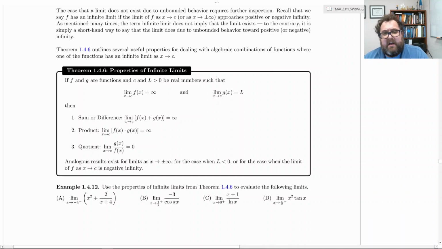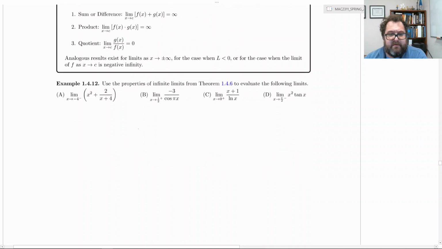So be careful with your signs. I didn't want to write this theorem 15 different ways for all the different cases. As long as you're careful with the signs, we can stick with the rules as stated and adapt as necessary.